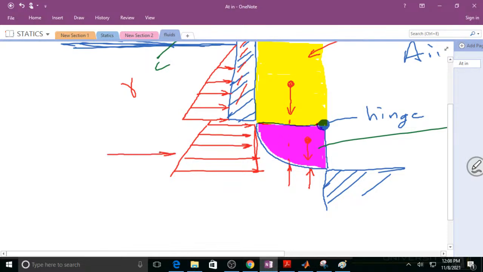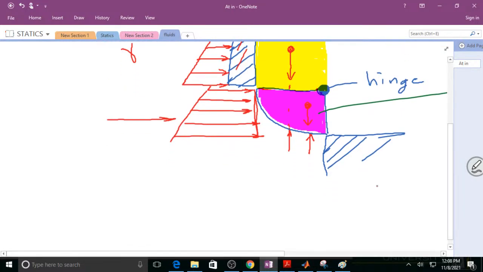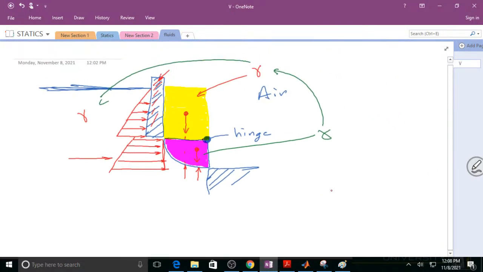So now what you've got is, if you look at it from that standpoint, I don't know if I'm being confusing or not, but you've got a gate. Sits here like this. You get a force that's pushing up right here. Another one that's pushing up right here.